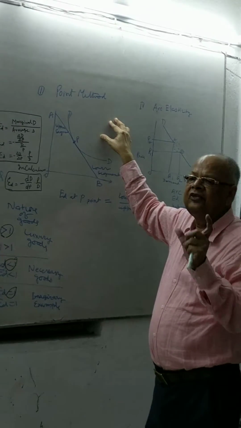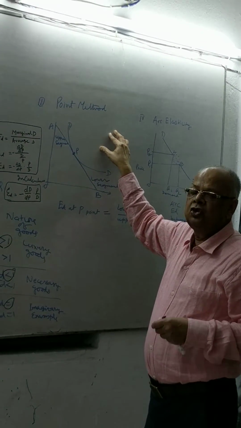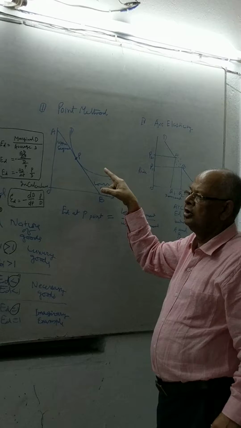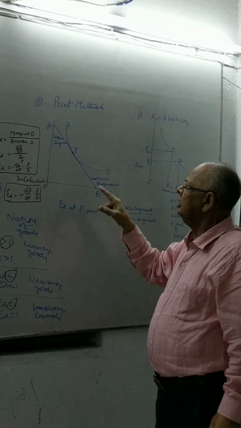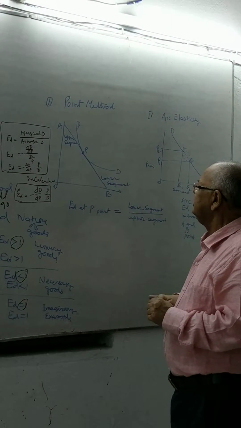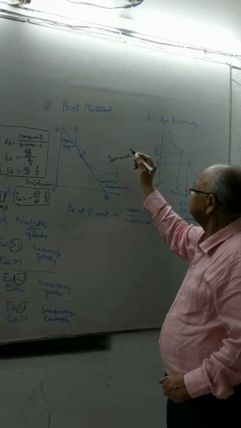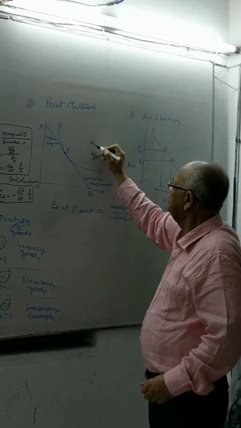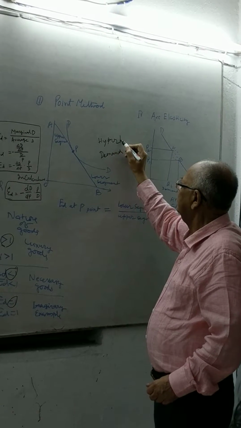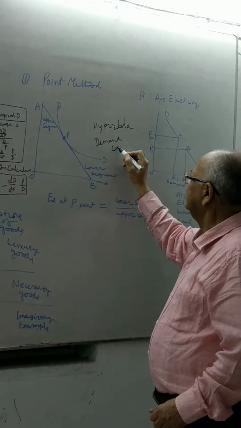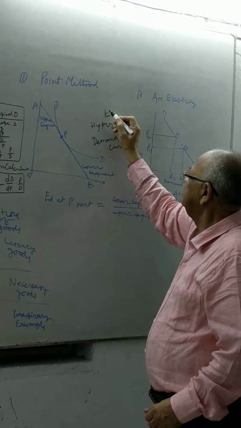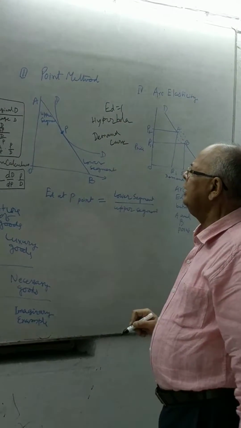The third one is very, very important. This is called the geometrical method of measurement of elasticity of demand. Suppose this is a demand curve, a hyperbola demand curve. Here elasticity is always equal to 1. Why?